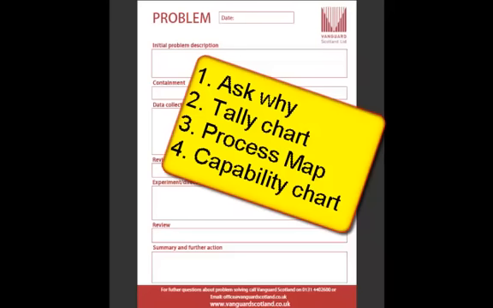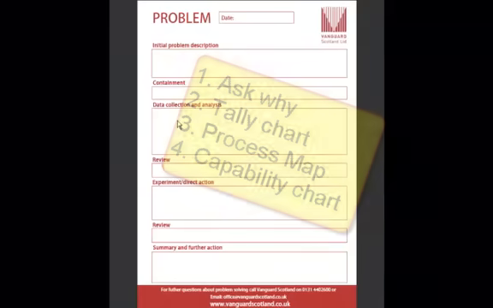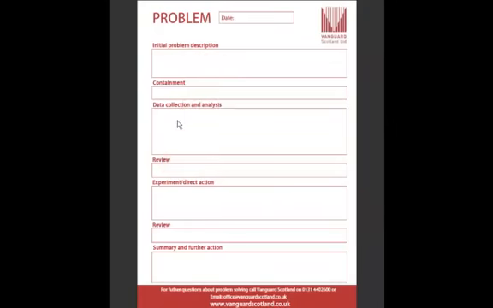If you have a good understanding of the system, then you could probably do this intuitively. Second would be to complete a quick tally chart to understand the frequency with which the problem occurs. You may also want to use a process map. And the final tool you may use would be a capability chart in order to, again, understand the extent of the problem.